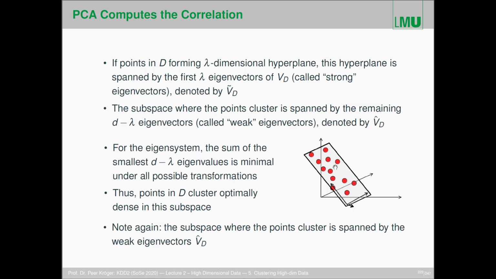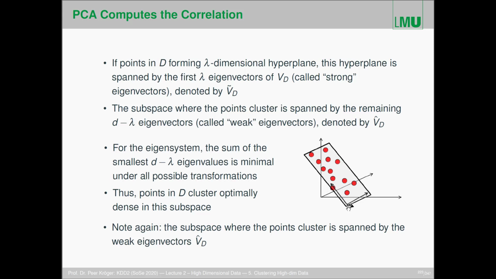Yeah, so lambda would be 2 here, because we have a two-dimensional hyperplane on which the points are located, and since we have a three-dimensional original feature space, we have one eigenvector left.